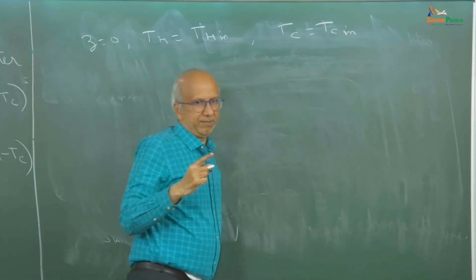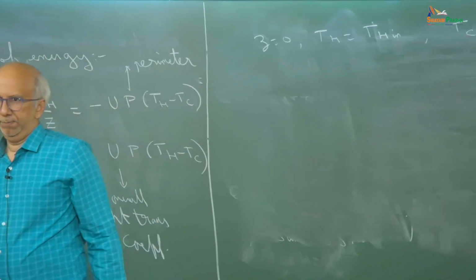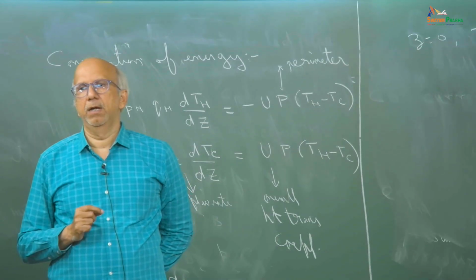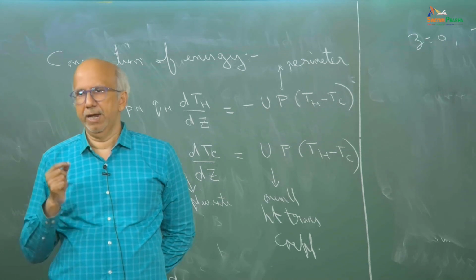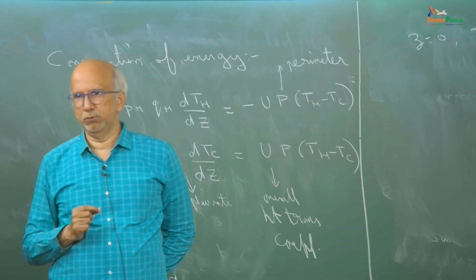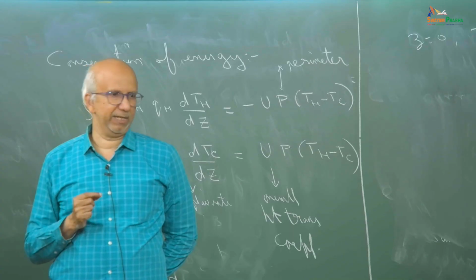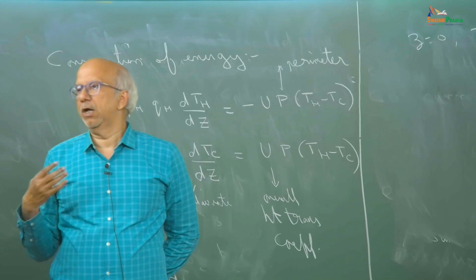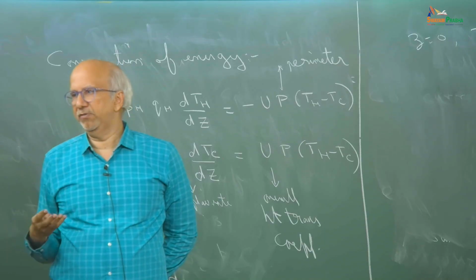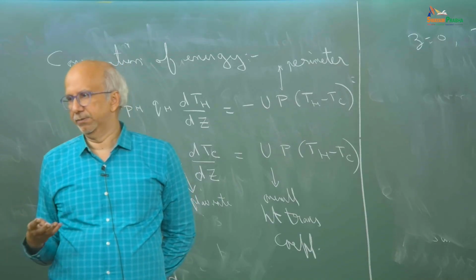This is the inlet temperature. Again here, all the variables are being specified at the same point at Z equal to 0. So, this is again an example of an initial value problem, although now my independent variable is not time, it is Z.